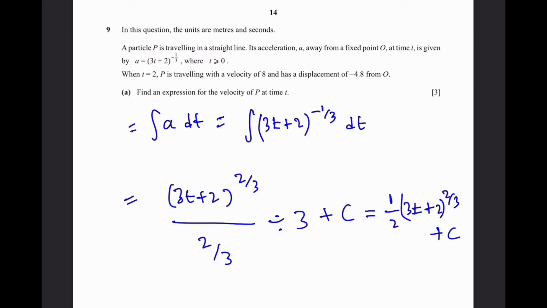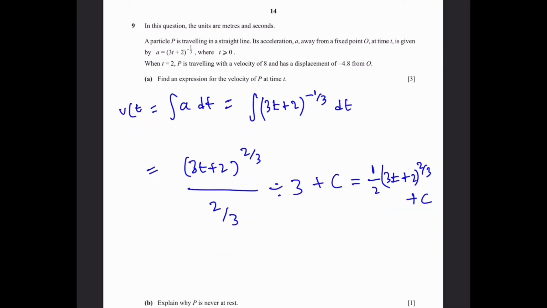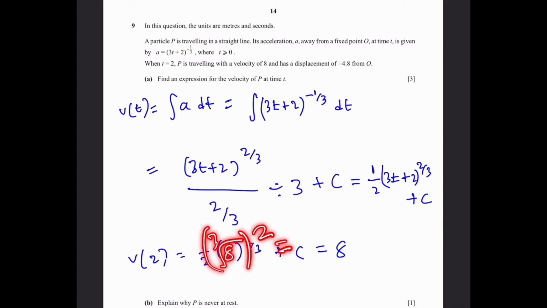So when t equals 2, this velocity, I'm just writing it as v of t. So v of 2 is going to be equal to half times 8 to the power of 2/3, since 3 times 2 plus 2 is just 8, and of course plus c. And 8 to the power of 2/3 is the cube root of 8, the whole squared, and that is going to be 4, since the cube root of 8 is 2.